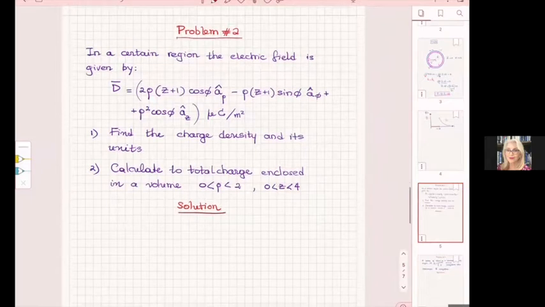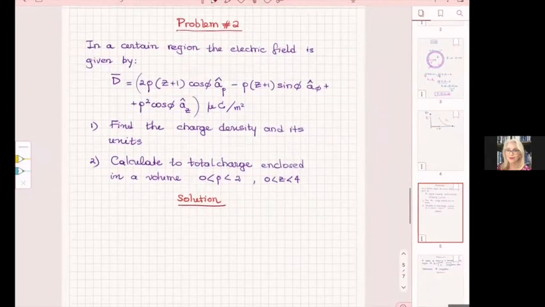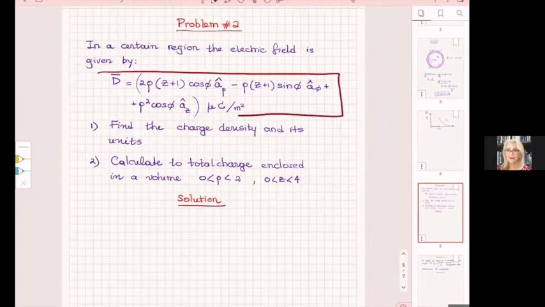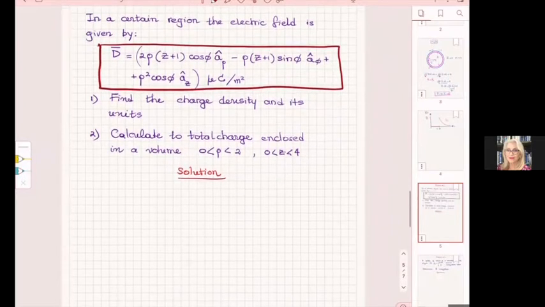Okay, what does it say? We have a field, given by this, in cylindrical coordinates.